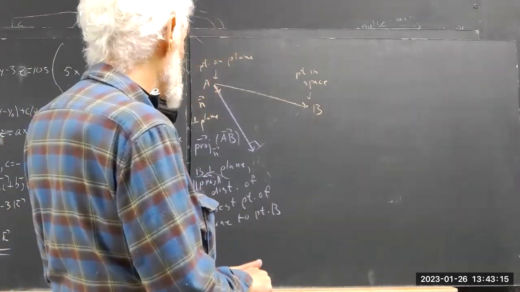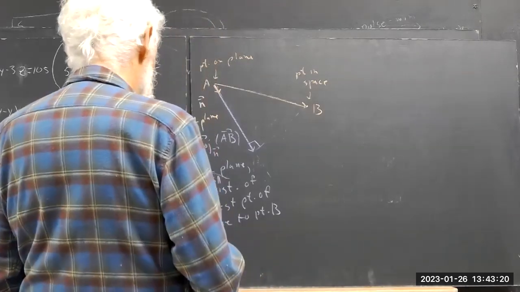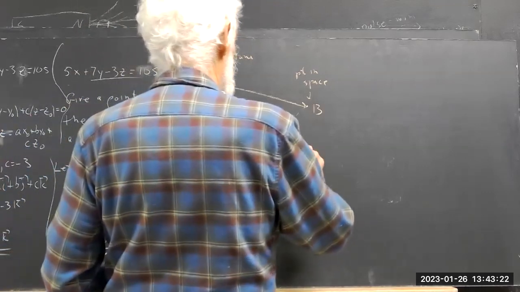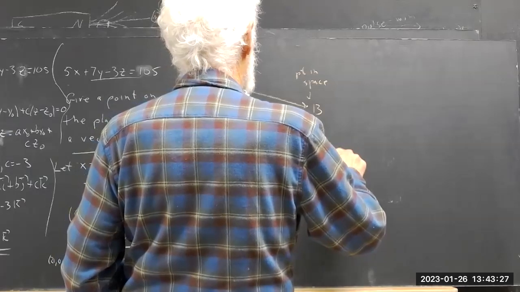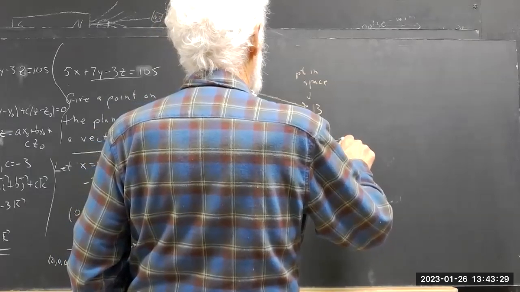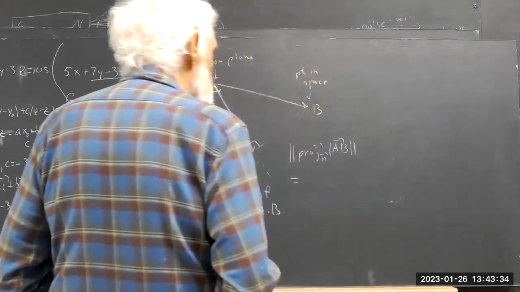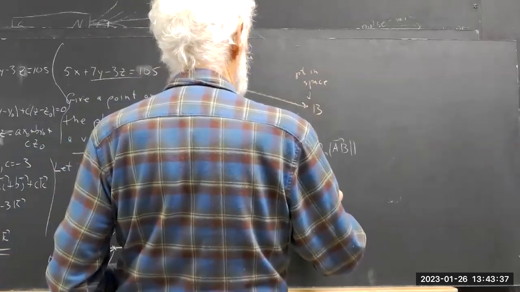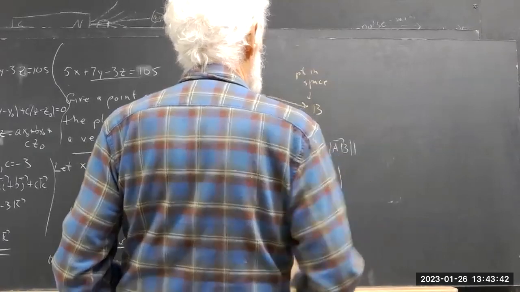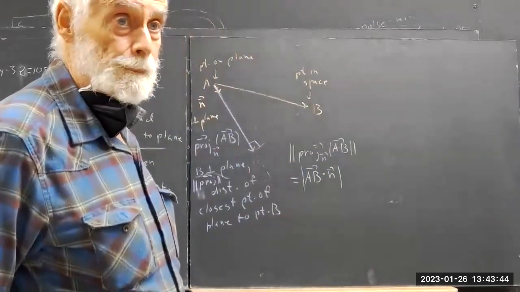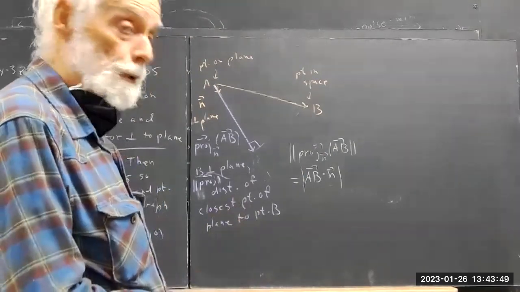And that's easy to calculate. The magnitude of the projection is just equal to the magnitude of AB dot M. I want to go back to the projection, make sure you understand that.